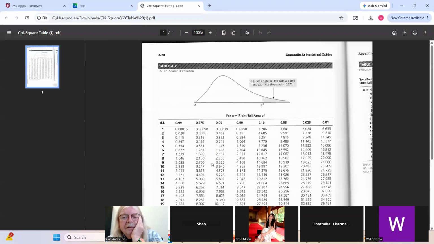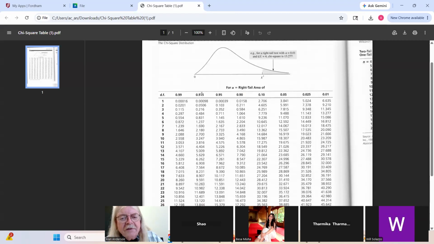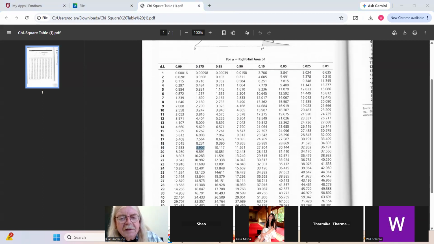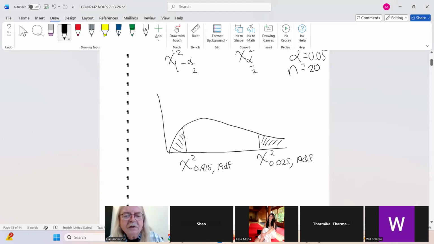There it is. So the first one we want, the column header is 0.975 right there, and the degrees of freedom is 19 right here. The intersection between those two is 8.907. So that would be the first of the two critical values.